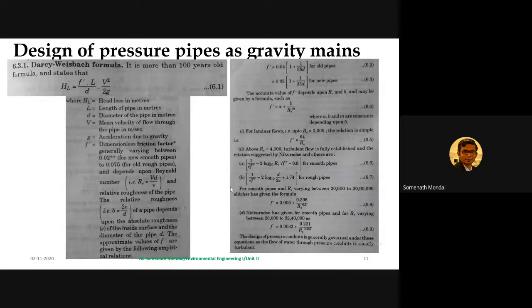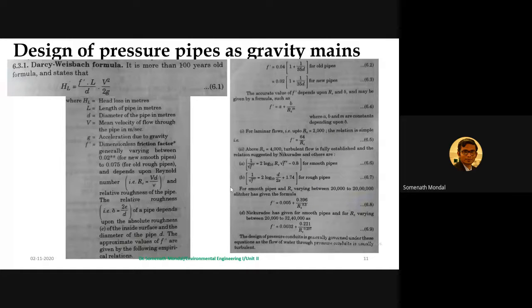For different conditions, we can take different Re values, and accordingly we get the value of a. For laminar flows, the Re value is taken as 2000, so you will get f dash for that particular value. For turbulent flow, when Re is more than 4000, for smooth pipes and rough pipes we have two different formulas, and accordingly you will be able to calculate the value of f dash.